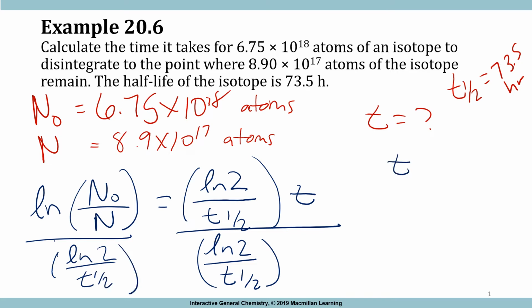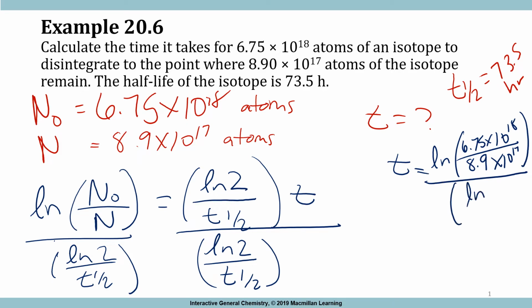So my time is just going to be the natural log of 6.75 times 10 to the 18 divided by 8.9 times 10 to the 17, divided by the natural log of 2 divided by the half-life, which is 73.5 hours.